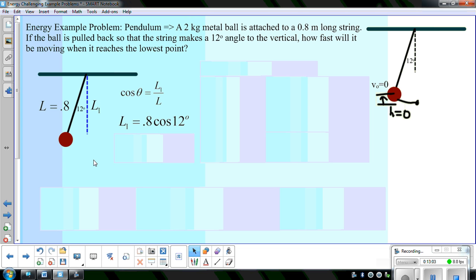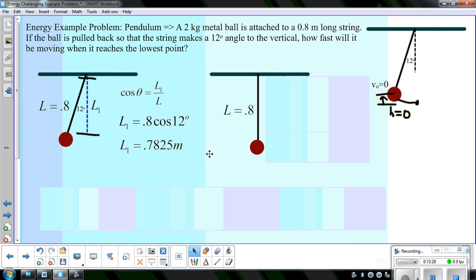So that means that L1 is equal to 0.8, the length of the string, times cosine 12, which comes out to be 0.7825 meters. So the length from here to here is 0.7825 meters.